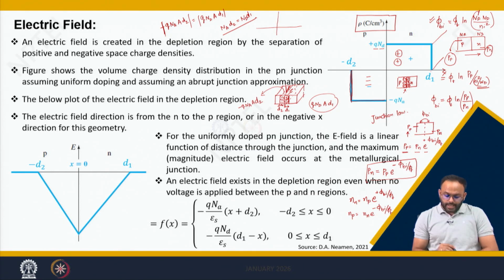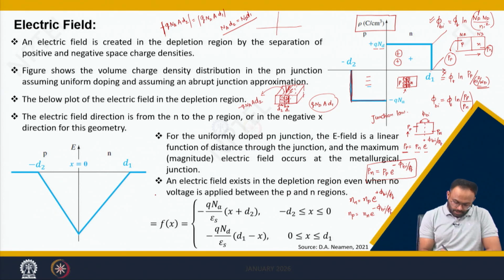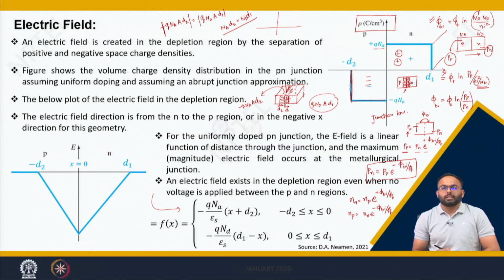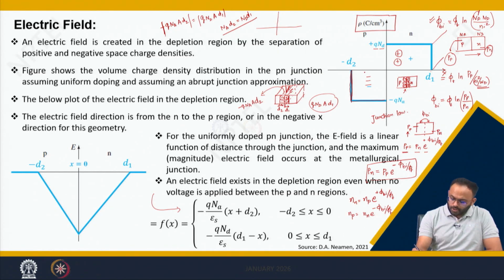Now, how can I calculate the electric field? You can simply follow the Poisson equation. Without doing that, we can simply use Gauss's law and find the area of this charge density curve. Electric field is rho by epsilon s, where if I calculate the area, it gives me the total charge.